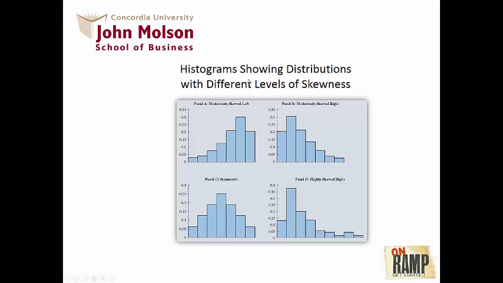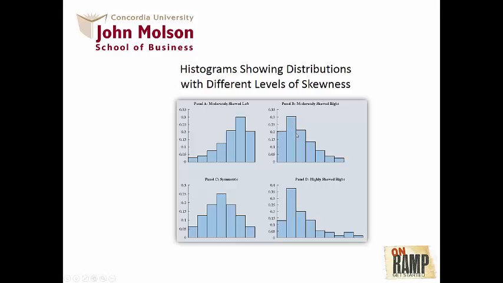For example, if I look at panel C, this is a symmetrical distribution. I can see from the middle, everything is the same on either side. If I look at panel A, I can see that there is a tail. There are smaller and smaller and smaller. So there is a longer tail on the left, so we say it is skewed to the left.